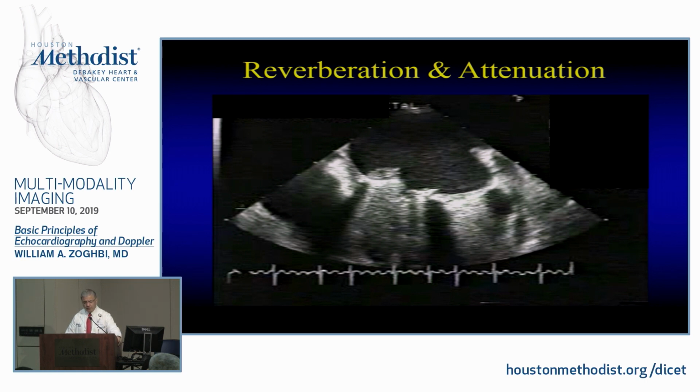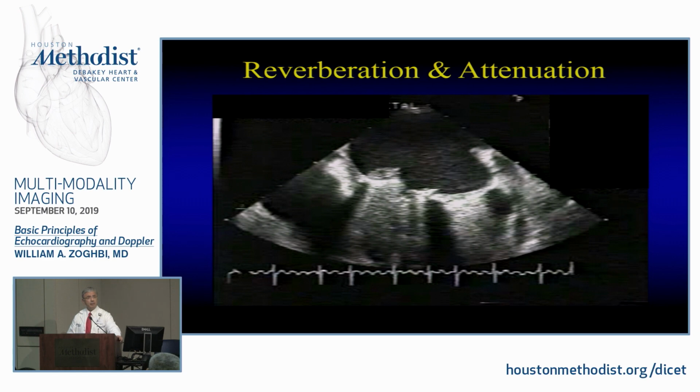Here, you have an interesting phenomenon that is not very clear. It's called reverberations of these mechanical leaflets. Actually, between this 1 millimeter thickness, you have reverberation of ultrasound giving you not shadowing, but interference with the ultrasound beam. And that's what you're going to see not infrequently with a mechanical prosthesis.